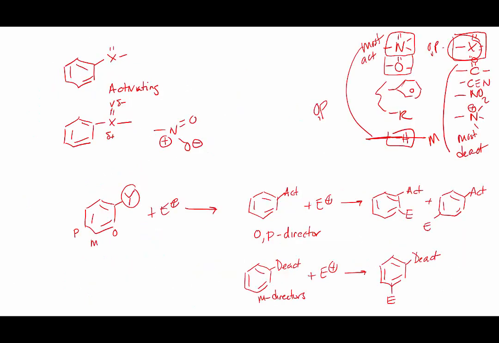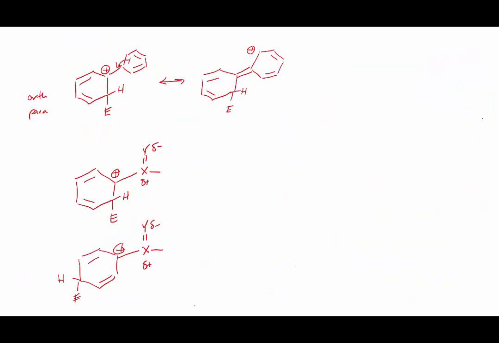So C double bond O, C triple bond N, NO2, which is an N double bond O with an O minus, but the more important thing is that N is a positive charge, a full-blown positive charge. And then we've got another N with a full-blown positive charge if I add 4 alkyl groups to a nitrogen. So X double bond Y has a slightly positive charge, and then the nitro and the N plus have full-blown positive charges there. Okay, so now let's go back and take a look at that.